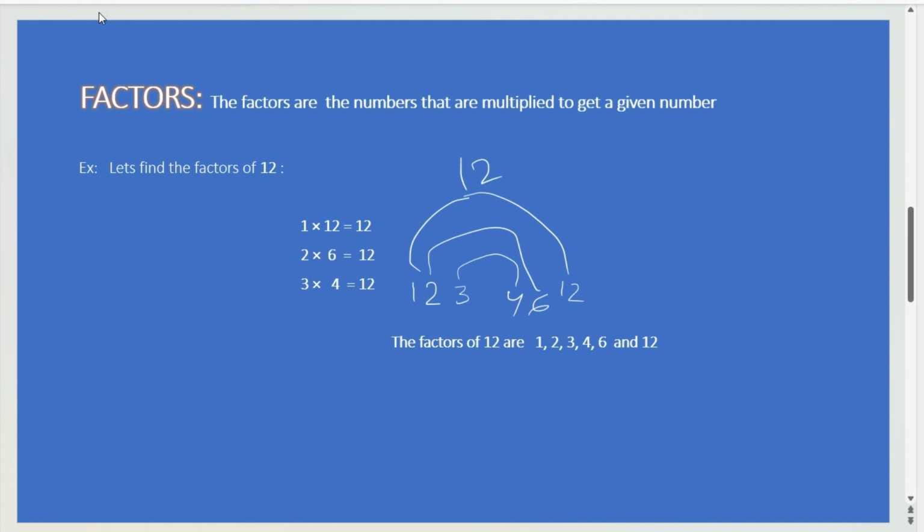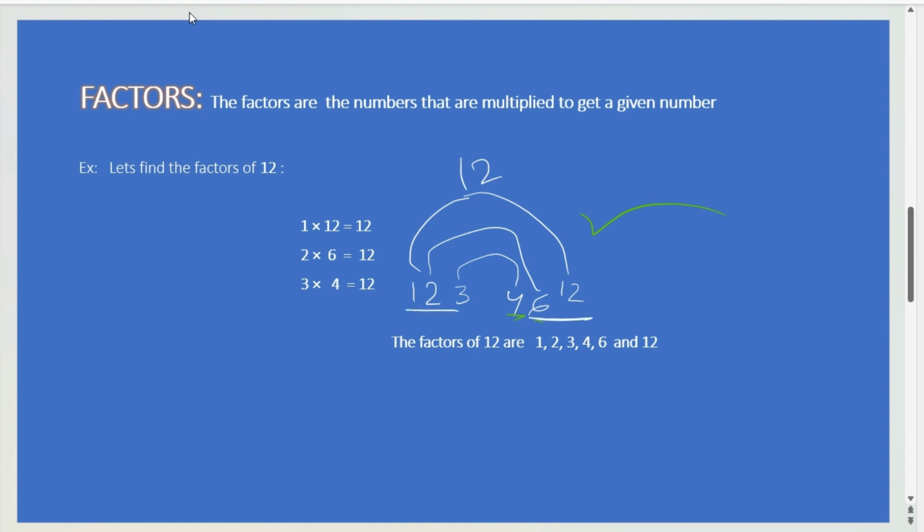And so we could go by 4, but 4 is already here. And then if you try 5, you can't divide 12 by 5. Then there's 6, it's already here. And so that's when you know your rainbow is done.